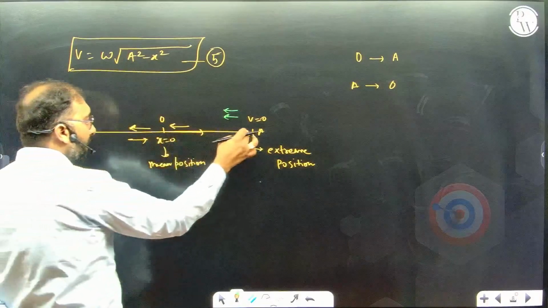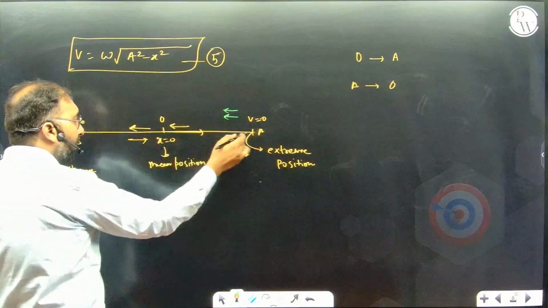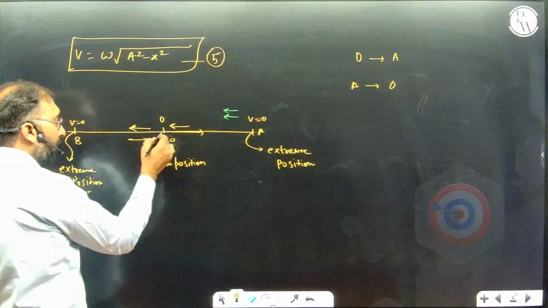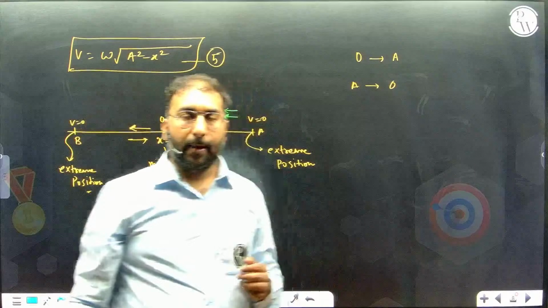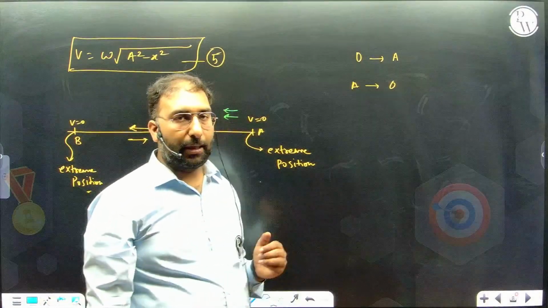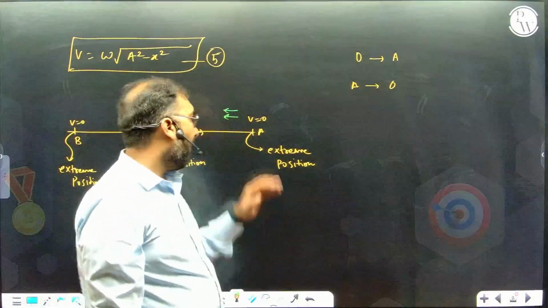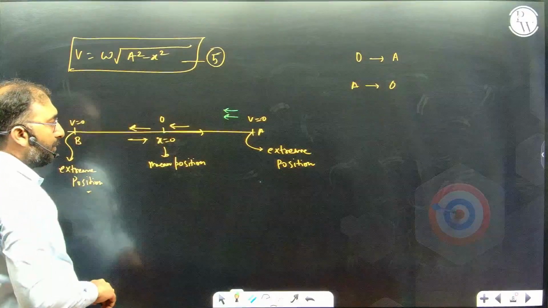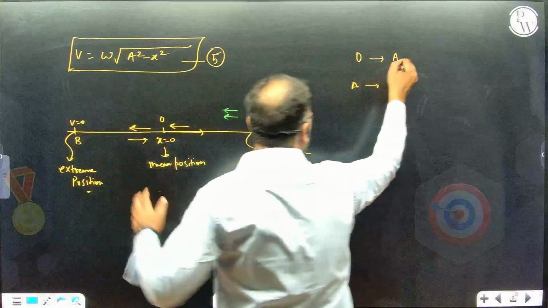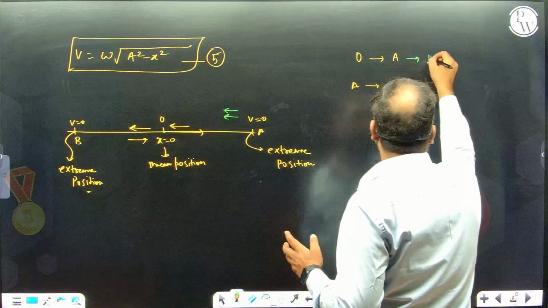So when the particle is coming from A to O, its speed is increasing up to the point O, and once it crosses the point O, its speed starts decreasing. It starts decelerating, it starts retarding. From O to B it retards, and at B its velocity becomes 0. So from O to A, the motion is what?